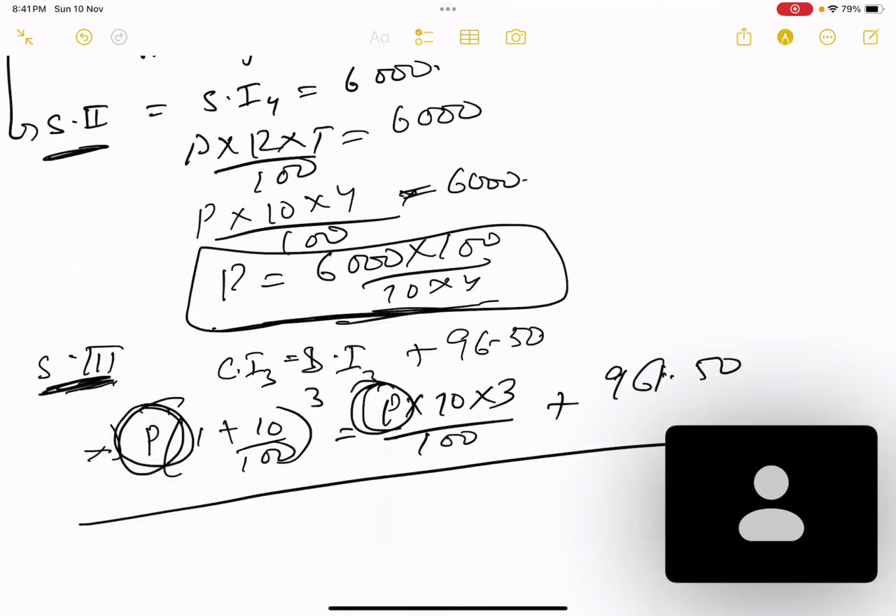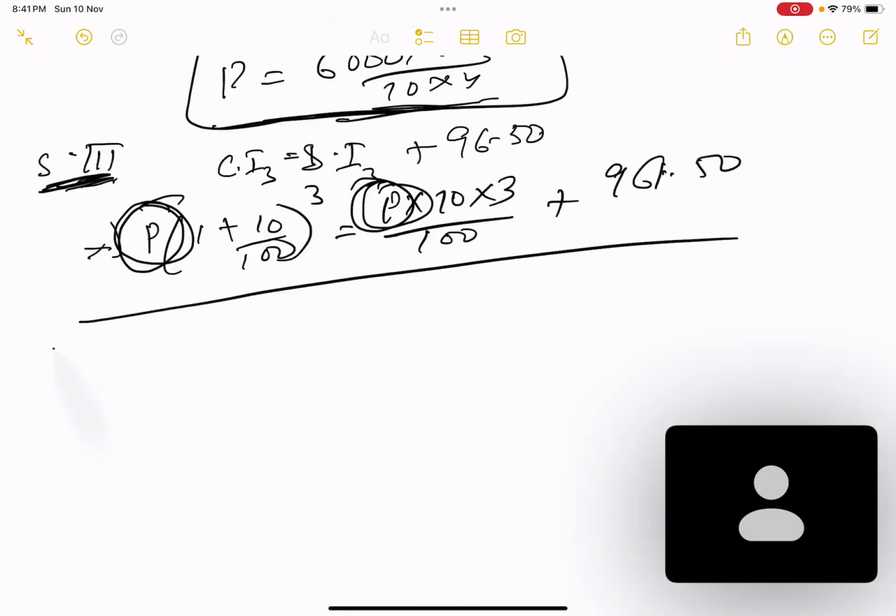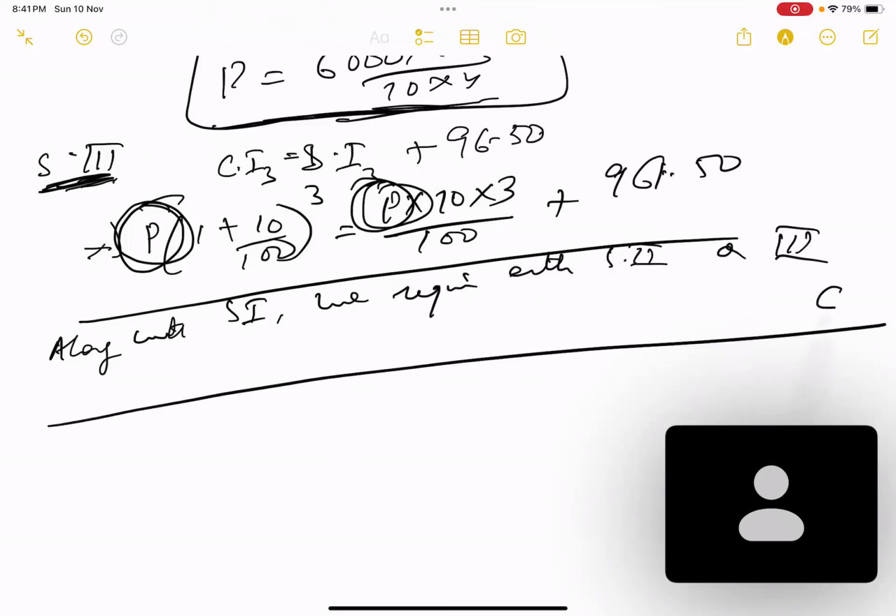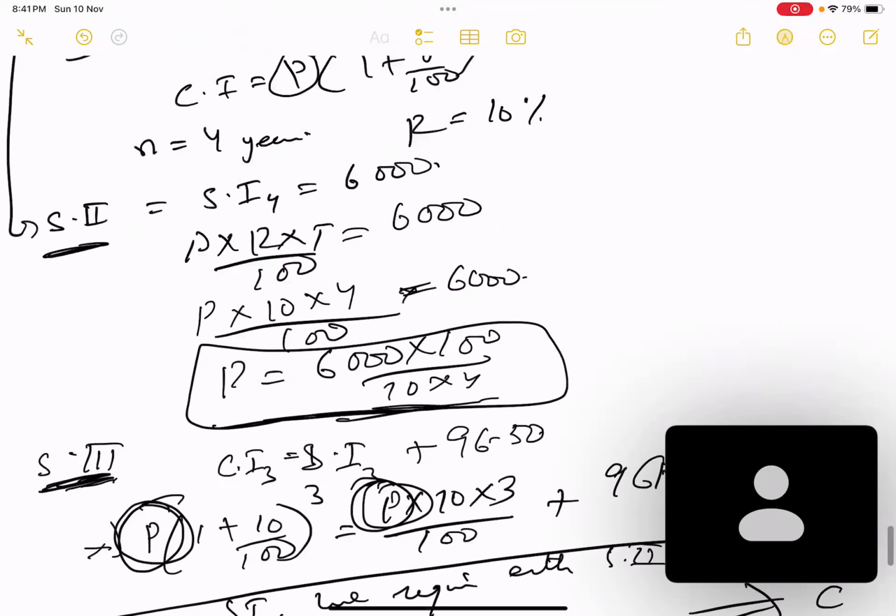So the answer will be, along with statement 1, which is the rate of interest, we require either statement 2 or statement 3. So the answer will be C. See, in this question, compound interest is P into 1 plus R by 100 all to the power n, for 4 years.